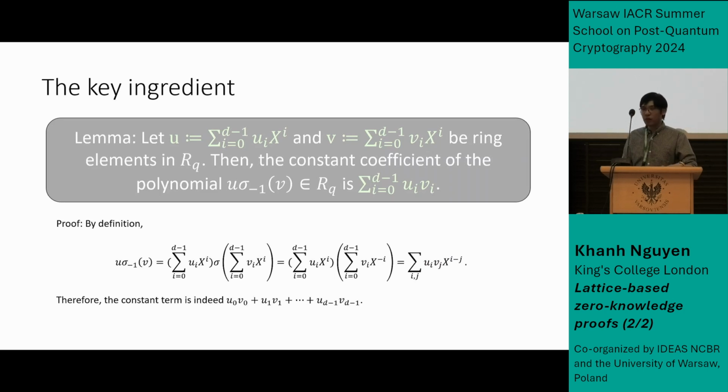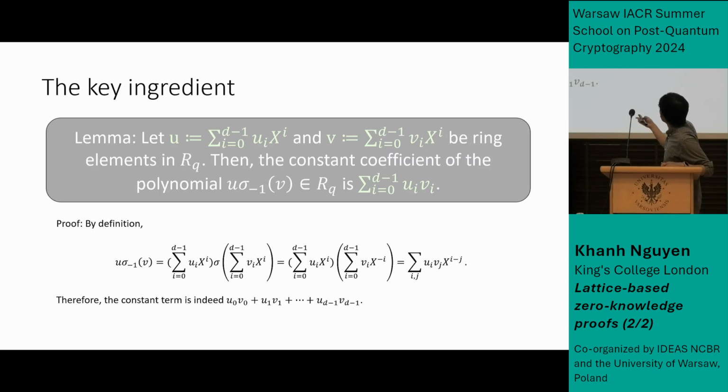So how to prove it? It's just writing it out. If I have U times sigma_{-1} of V, that's my U, and now I'm applying sigma to the whole V. It's an automorphism, so I have this U as usual, and here I'm applying sigma to each x to the i, so I have v_i x^(-i).